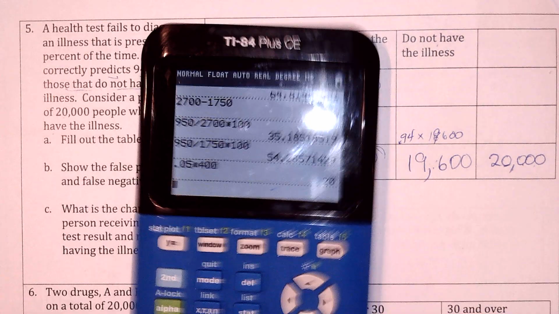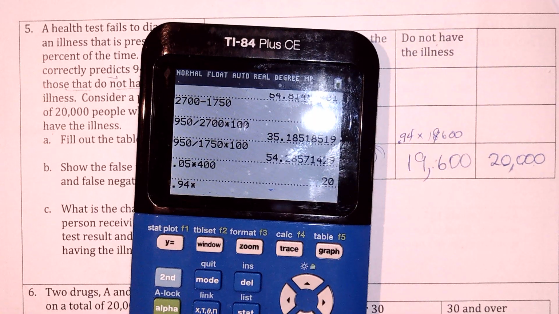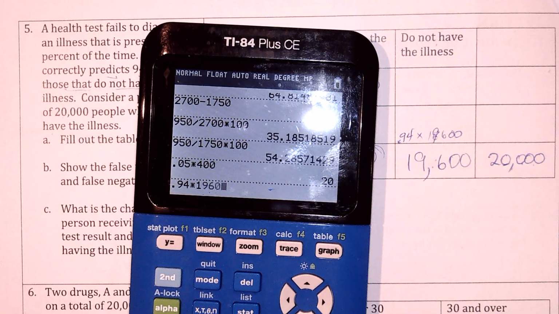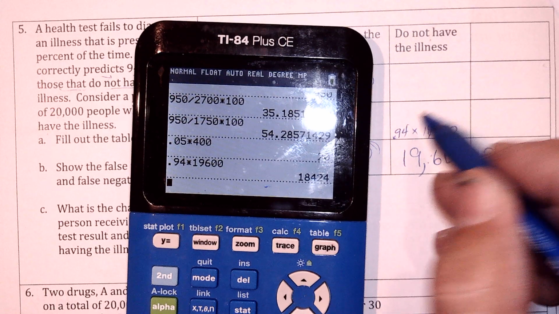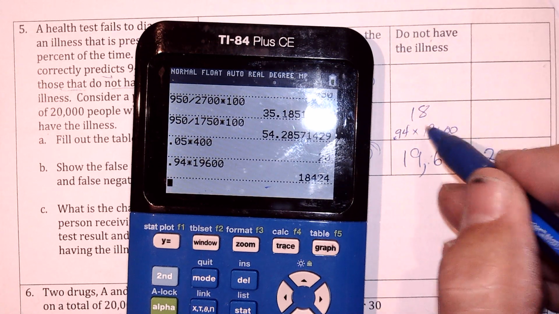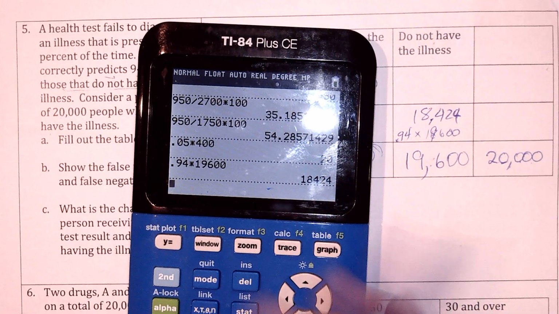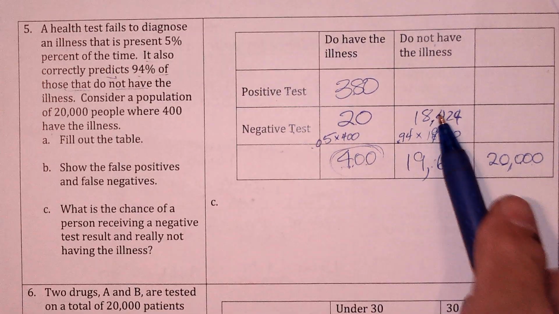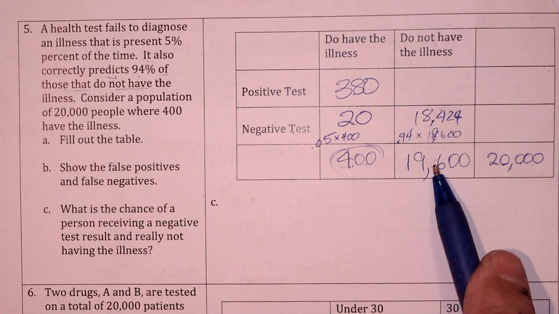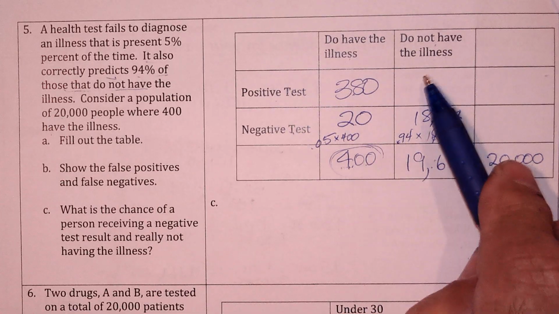So 0.94 times 19,600, that's 18,424 of these. So the rest of these get the test.